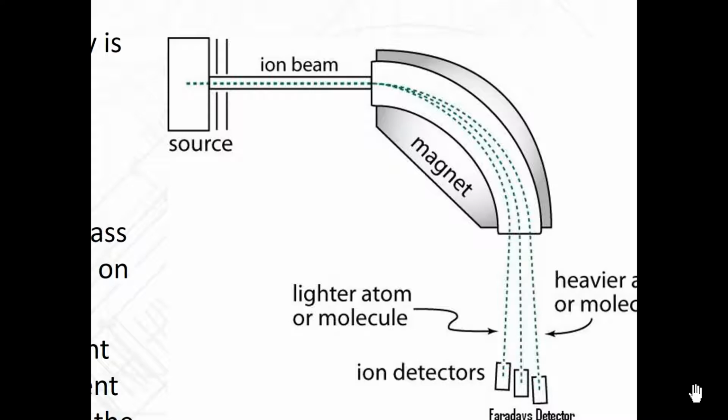They're going to get deflected more. So out of these little detectors, which one of these ions has the most charge? The one on the left, correct. Right, because it was deflected the most.